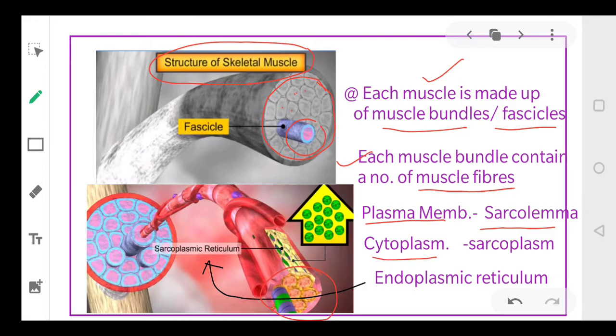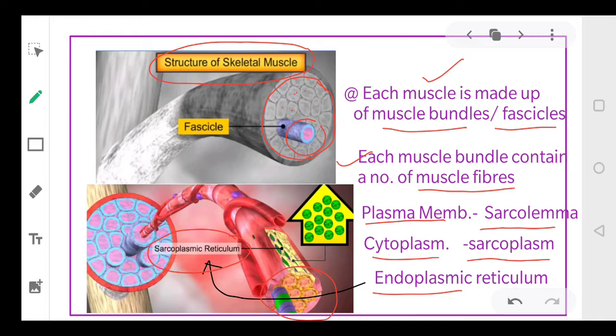The cytoplasm of the muscle fibers is called sarcoplasm, and the endoplasmic reticulum is called sarcoplasmic reticulum. So we can distinguish them from normal cells. What do we call the plasma membrane, students? Sarcolemma. The cytoplasm is called sarcoplasm, and the endoplasmic reticulum is called sarcoplasmic reticulum.